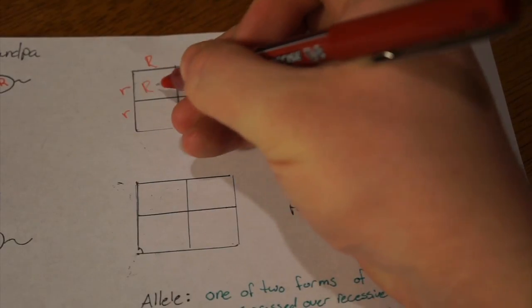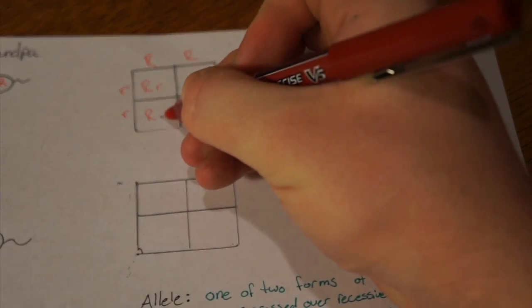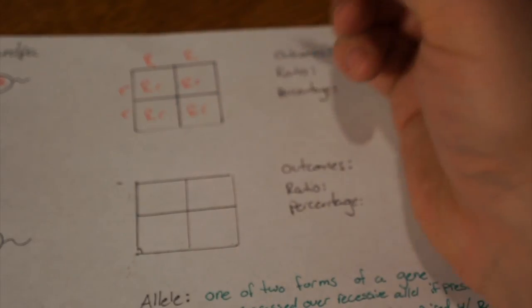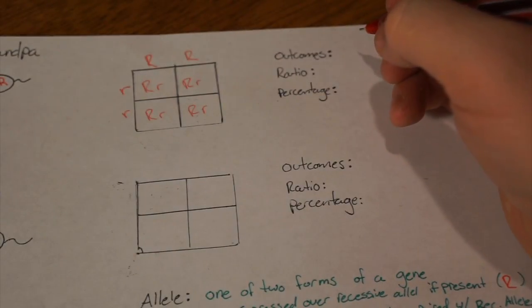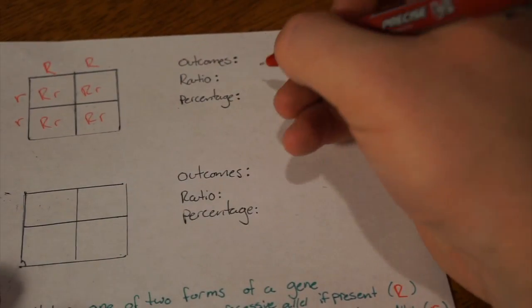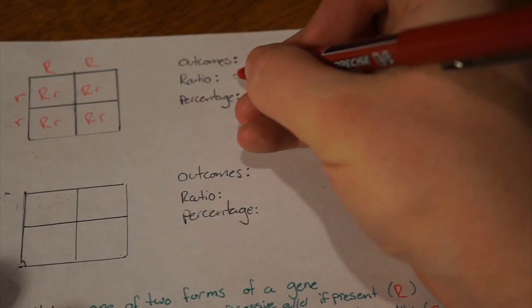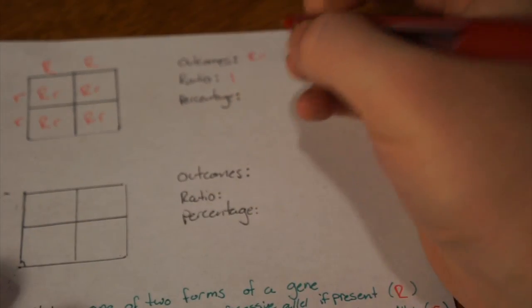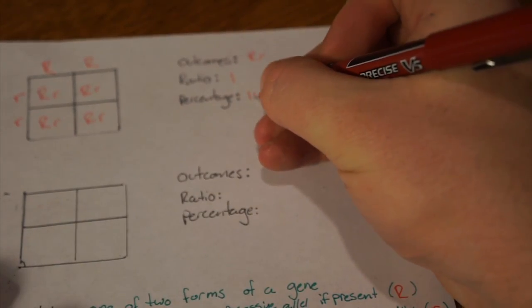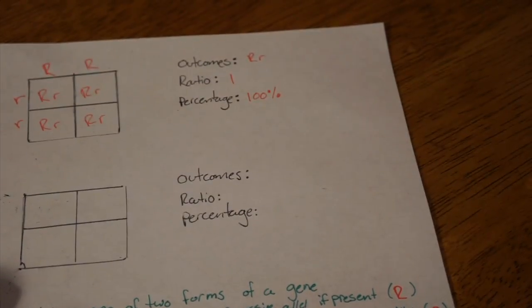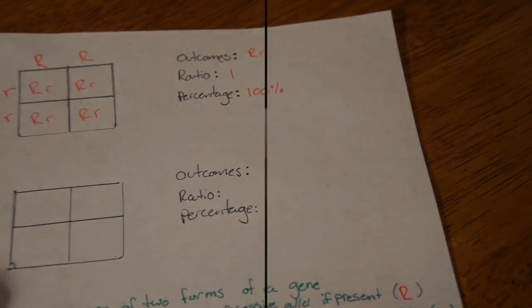If I fill this out, I can see that my big R's are going to meet up with my little r's. Grandpa is going to give one allele and grandma is going to give the other. I get 4 out of 4 boxes heterozygote, so my ratio becomes 1, and I have a 100% likelihood of having an offspring being heterozygote.